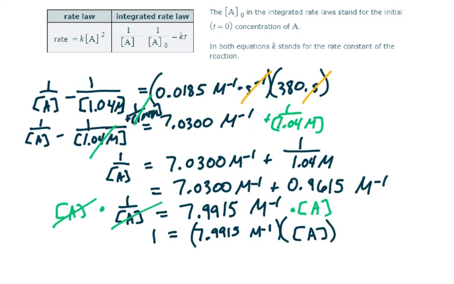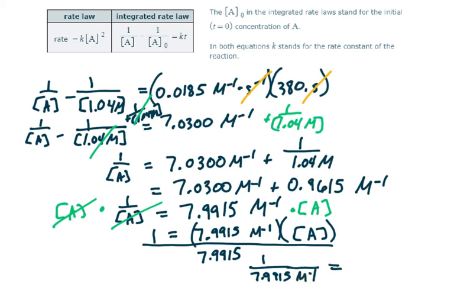So now let's divide both sides by 7.9915. What that gives me is 1 divided by 7.9915, and the units are M to the minus 1, is equal to concentration of A. So I've just inverted the two.